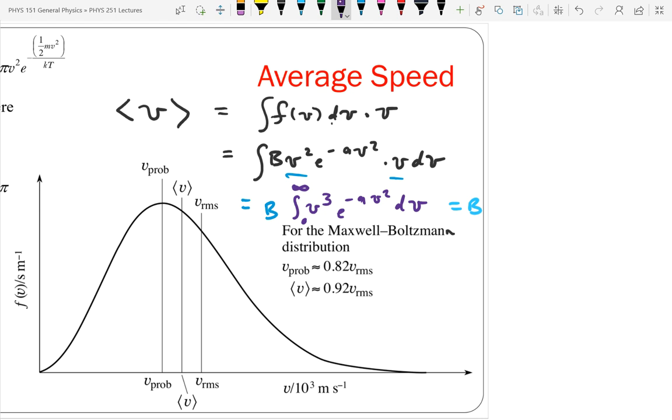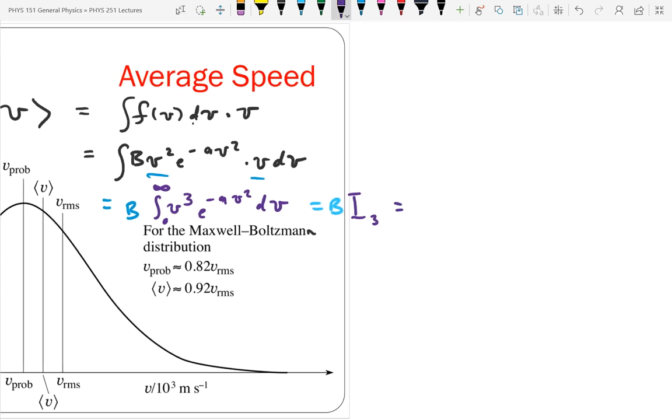I was hoping to just say I subscript 3. So now we do what Alex just said. We look and we say, okay, that's equal to b times 3 minus 1 over 2a square root, it's that times I1, right? And since I1 is just 1 over 2a, 2 minus 1 turns out to be 2.